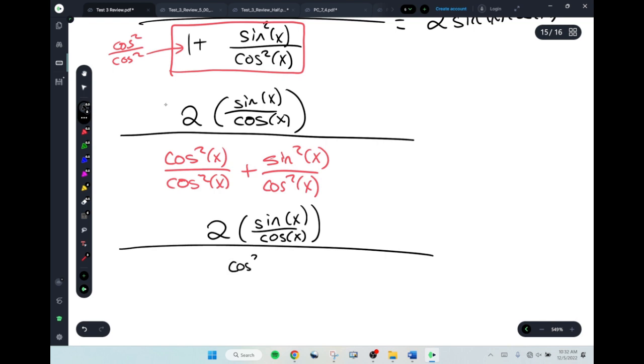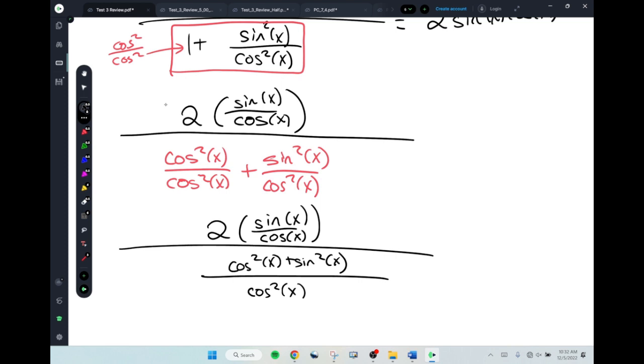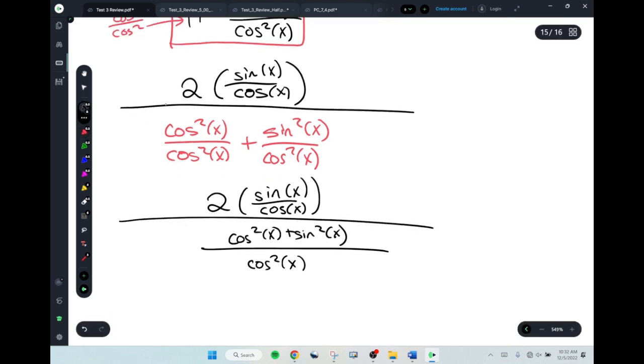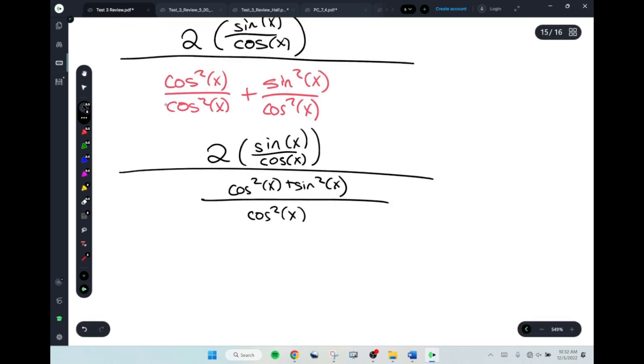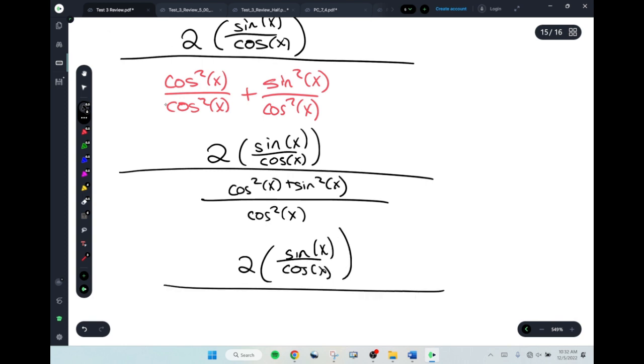Right, cosine squared plus sine squared over just the denominator itself, cosine squared of x. Oh, there's a formula. Cosine squared plus sine squared is 1. Sine squared plus cosine squared is 1 every time. So 2, big old parentheses, sine of x, cosine of x over 1 over cosine squared of x.